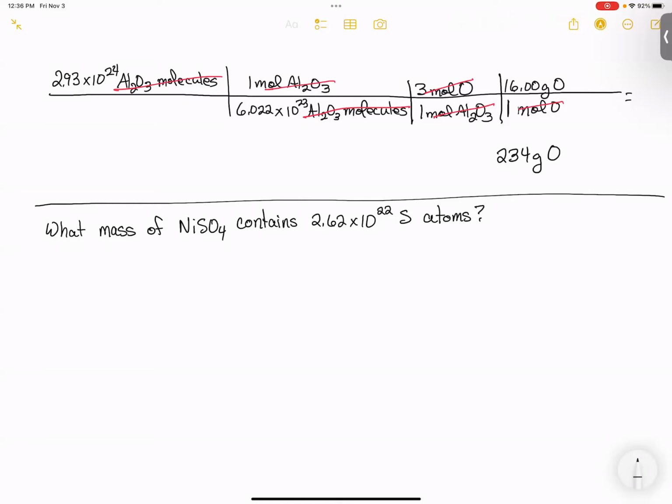What mass of nickel 2 sulfate contains 2.62 times 10 to the 22 sulfur atoms?